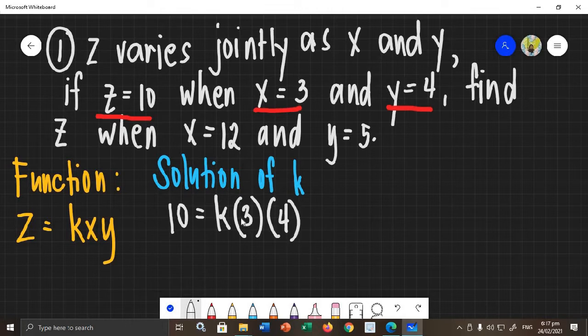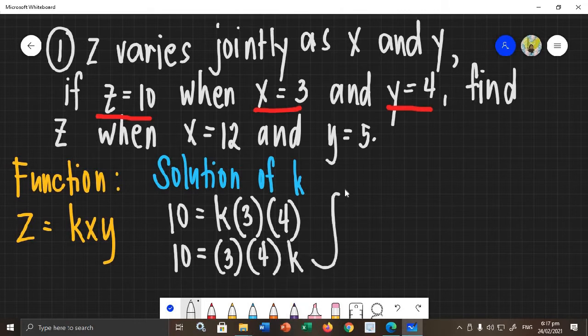As you can see here, the variable comes before the numbers. So, what we need to do is rewrite it, because the numbers need to come first, since they become the coefficient. So, instead of this, it will become like this: 10 is equal to quantity 3, quantity 4, and then you have your K.